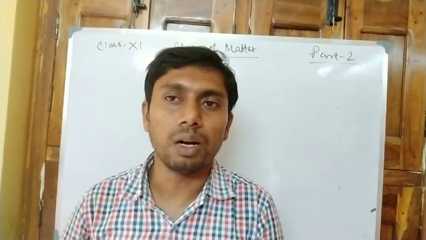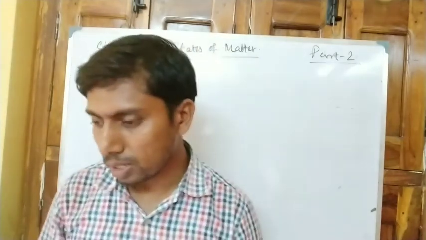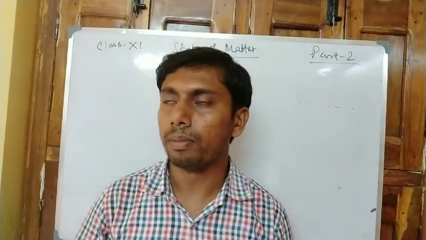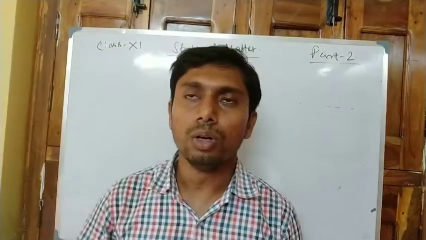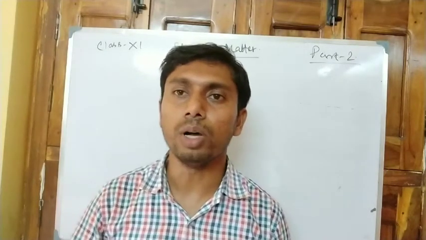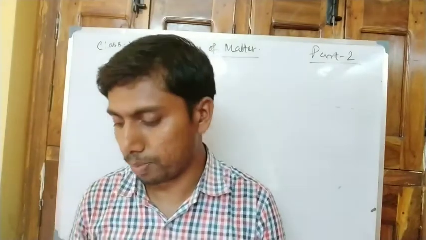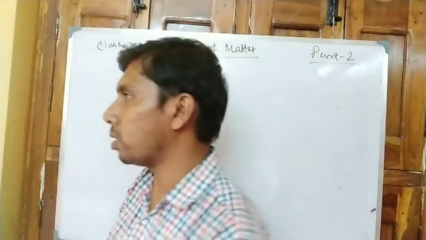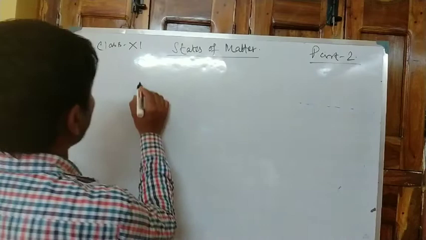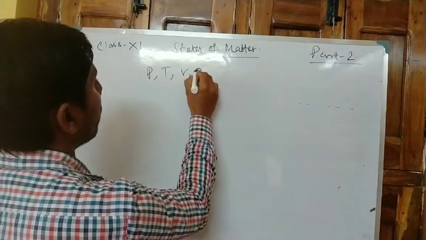Now in today's part we will discuss the next portion, that is Charles law. In the previous class we discussed Boyle's law. The parameters responsible for different properties of gases are pressure, temperature, volume and amount.